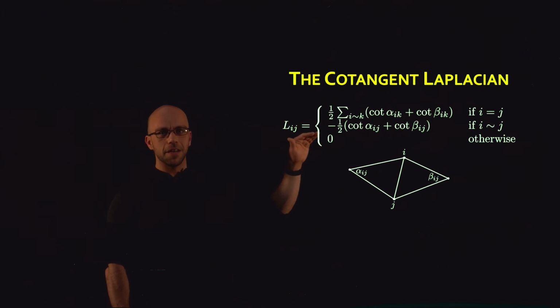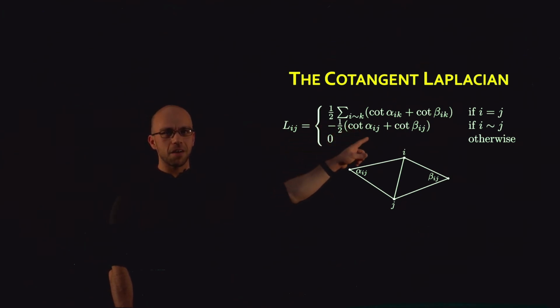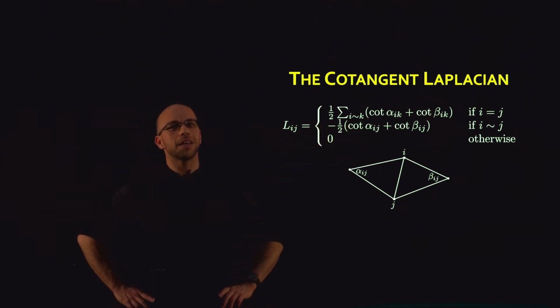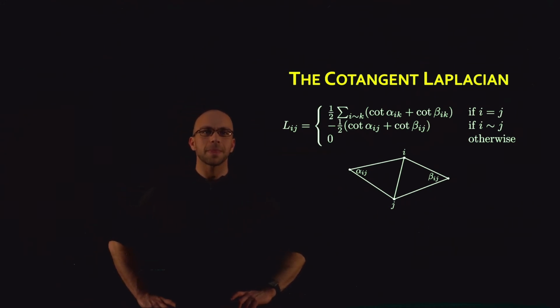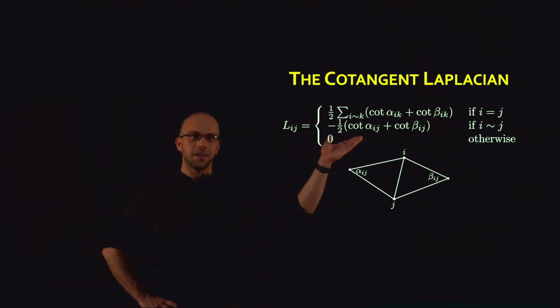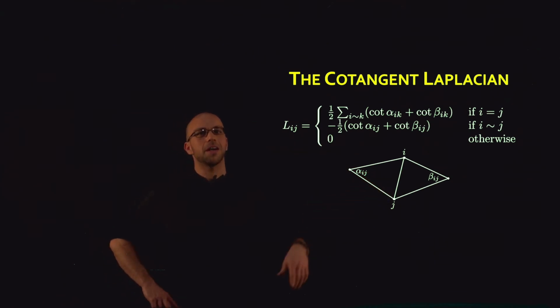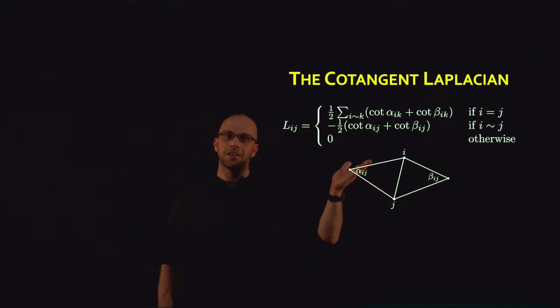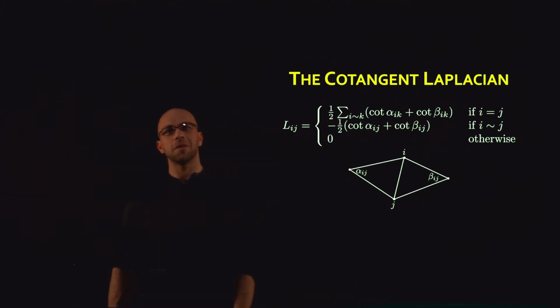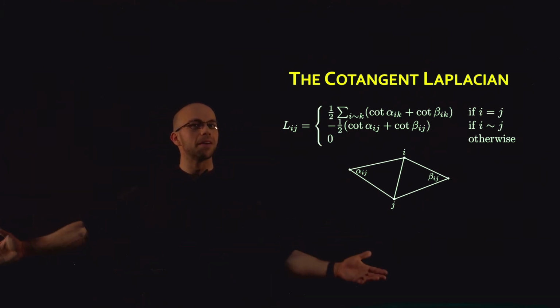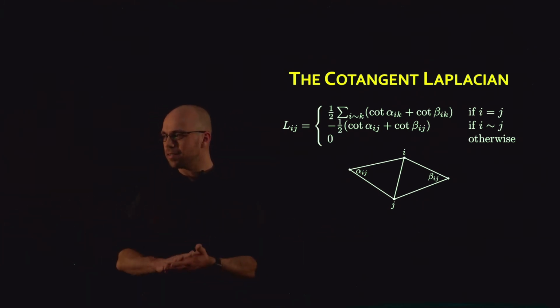So when i and j are equal to each other, you get the sum over the one ring of our vertex of these cotangent values. And when i and j are adjacent, we get the second formula, like what I'm illustrating for you on the bottom here. And when i and j are not adjacent or the same, you just get 0. And these are all the possible ways that you can inner product different hat functions at different vertices on our mesh.